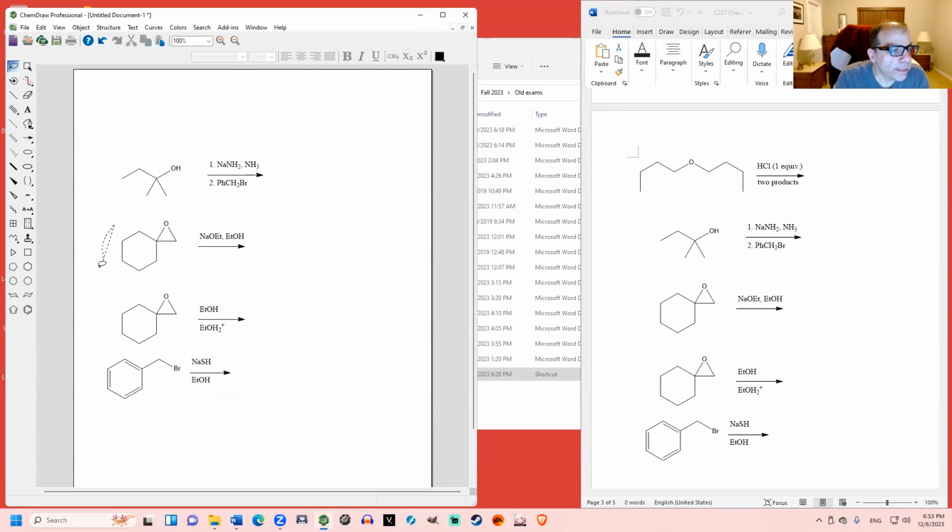This one, I want to go over the mechanism too. So in the first step, we treat the alcohol with sodium amide, which is a very strong base. So you need to know that's a very strong base. It's the conjugate base of ammonia. And that pulls off the proton from the alcohol and makes O-. Then O- acts as a nucleophile and attacks the primary alkyl halide and does a Williamson ether synthesis, which is nothing other than an SN2 reaction.